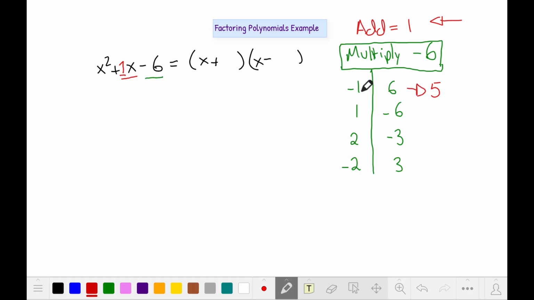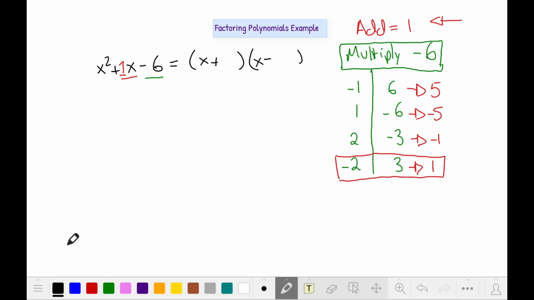So I can already immediately rule out the first couple because obviously 1 and 6 are not going to get us anywhere close to that. 2 plus minus 3 gives us minus 1. Negative 2 plus 3 gives us 1. So I see that I needed an addition of 1. So that looks like this bottom term down here is the one we actually want.